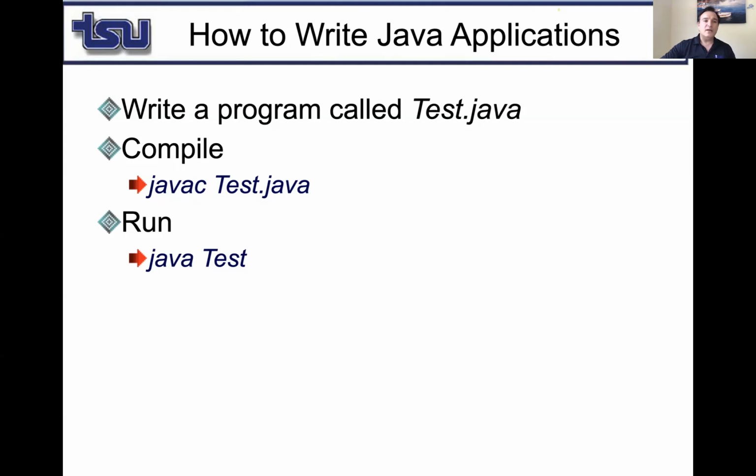And in order to do that, you're going to type javac space the program name.java. And in order to run your program, you're going to type java space test on terminal or command prompt in Windows. So we'll see those step by step. Do not panic if you don't understand. That's perfectly okay. You're going to see it in action today.